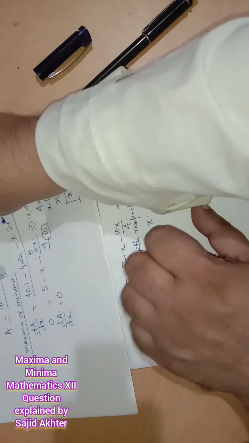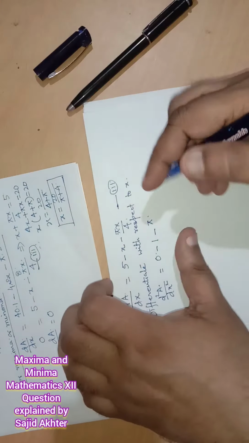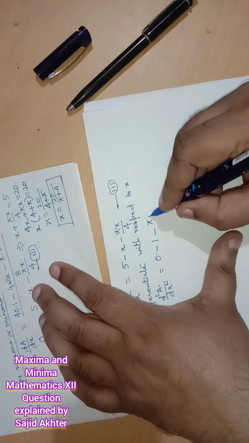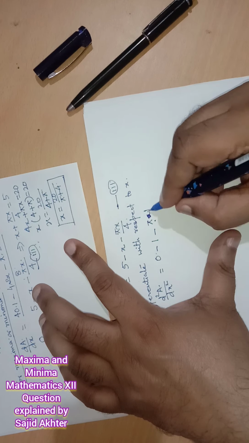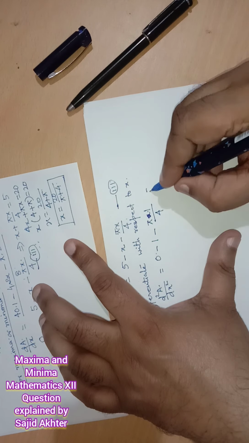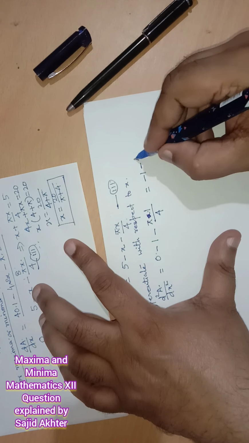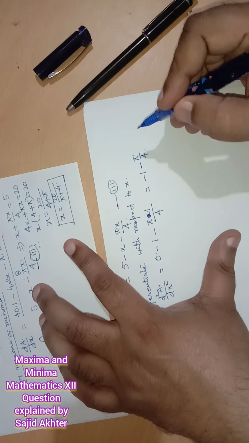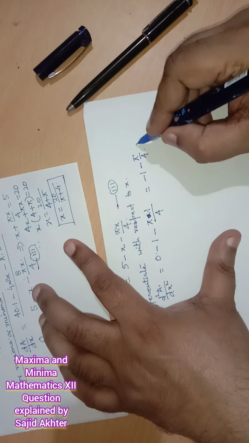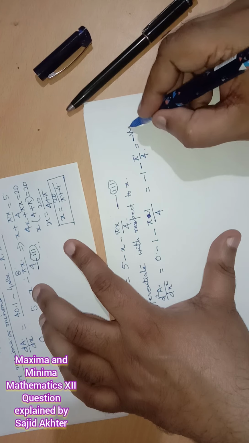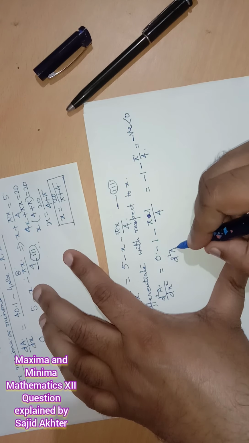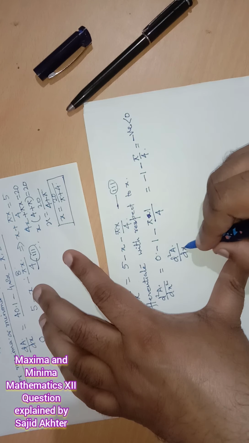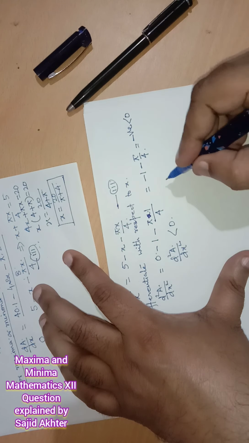So pi x by 4, its differentiation is pi by 4. So it means minus 1 minus pi by 4. It is coming all right. So both are negative, so it is negative, means less than 0.